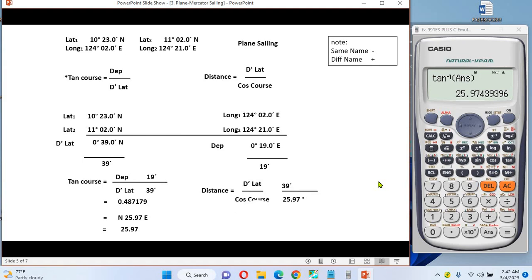Distance is d lat over cosine course. So d lat over cosine course. So all clear. And then 39 over cosine course 25.97.